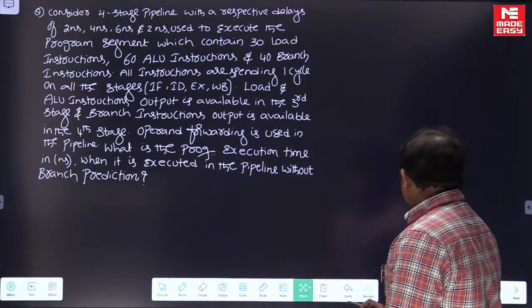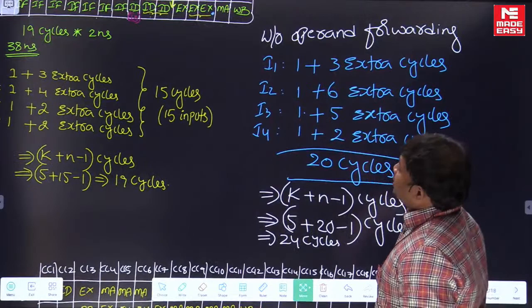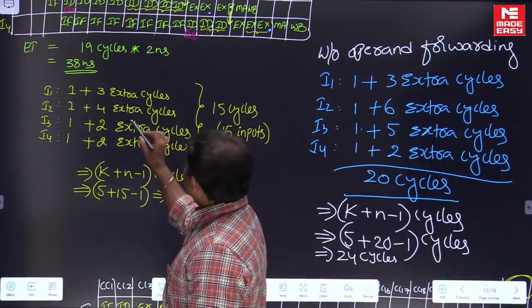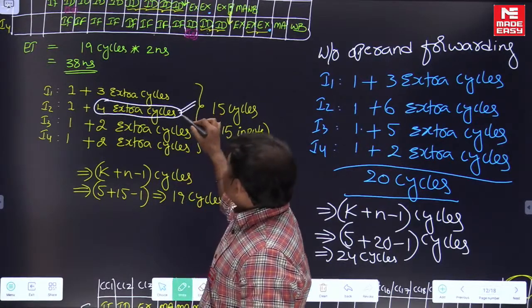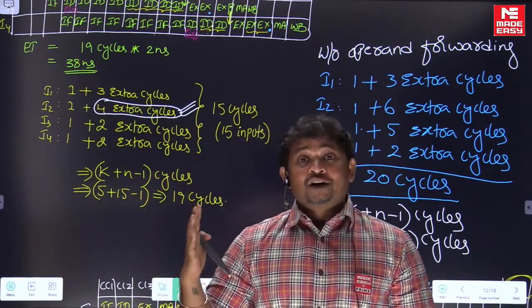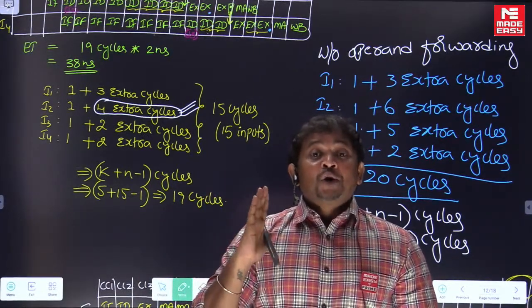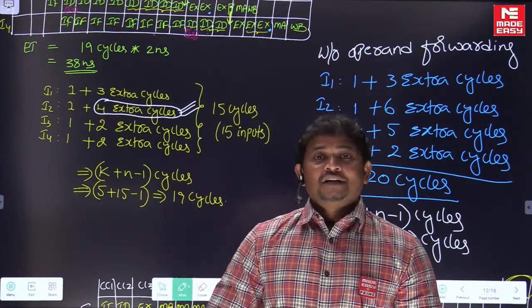Vandit, you are asking this question, right? This one. Sir, why you are taking 4 extra cycles? This one you are asking, right? This is taking 4 extra cycles. We are calculating 4 extra cycles because I2 will be producing the data for the I3 after 4 cycles.